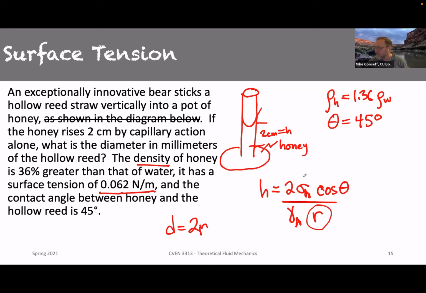So we're given some information. We're given that sigma, the surface tension of honey, is equal to 0.062 newtons per meter, right? So we know that. We're given theta.